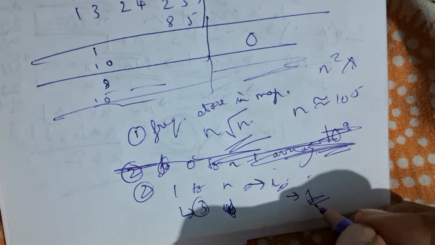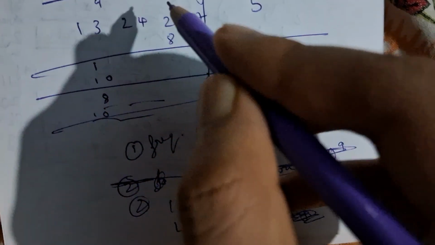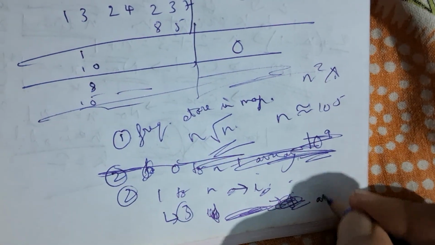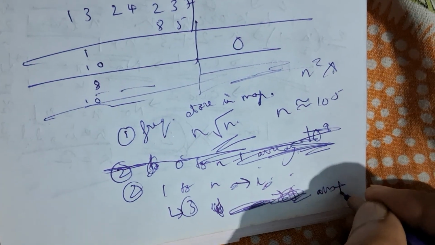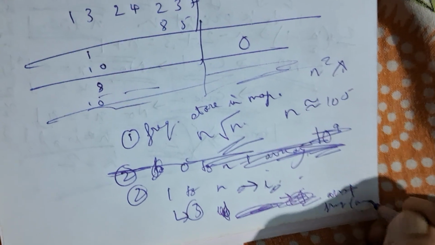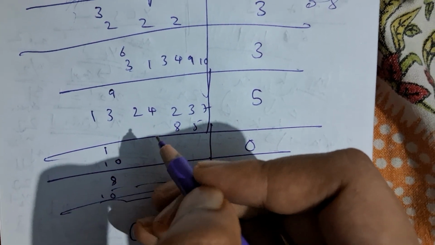For all the factors of i, you can check if that element is present or not, and if it is present, the answer will be the answer plus the frequency of that element. I know this is getting complex, so let me do one thing. I will be explaining this one.